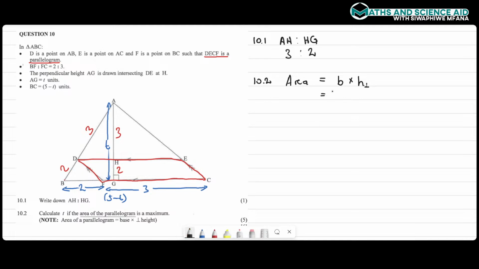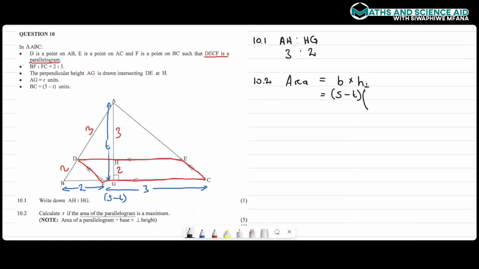So the base here is going to be 5 minus T. But now, if you remember how to use ratios, we must multiply this 5 minus T by 3 because we want to know what fraction of this 5 minus T is equivalent to FC, right?